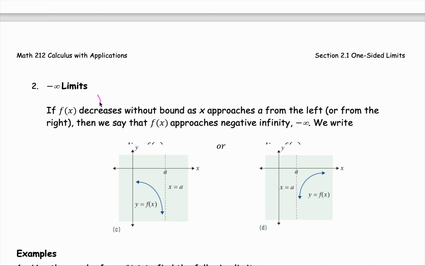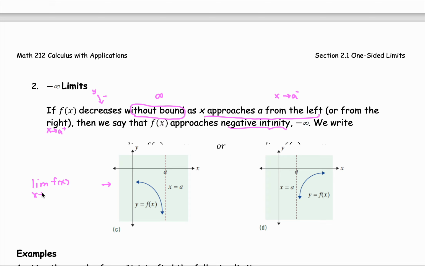So when the y value, or f of x, decreases without bound, going down like negative infinity, as x approaches a from the left, again a superscript negative side, or from the right, a superscript positive side, then we say f of x approaches negative infinity.